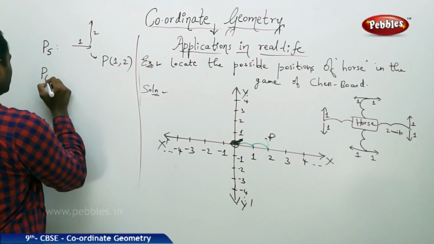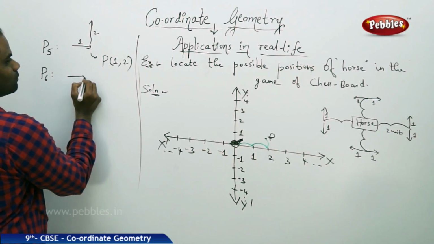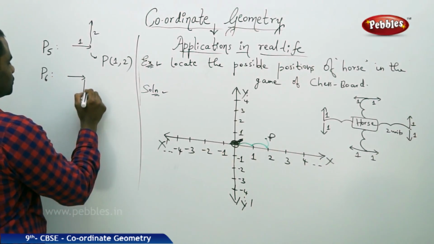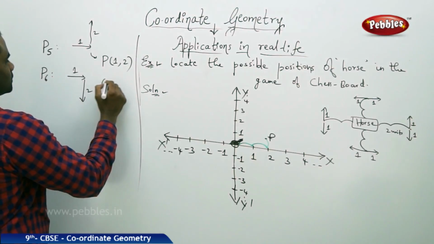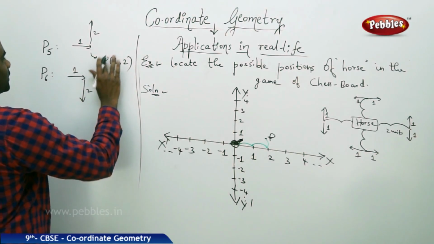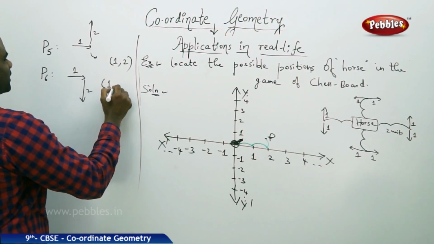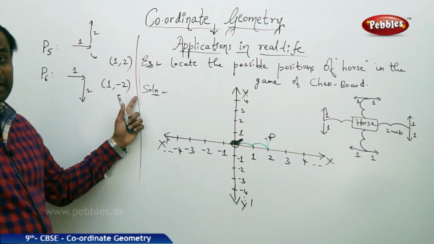Similarly, my next coordinate is when the horse moves 1 unit right and 2 units down, so the coordinates are 1 and -2.